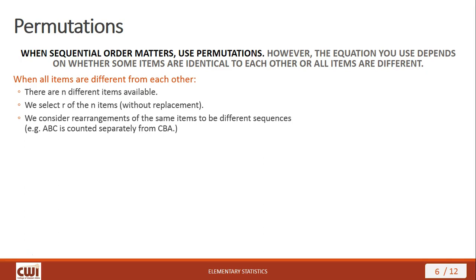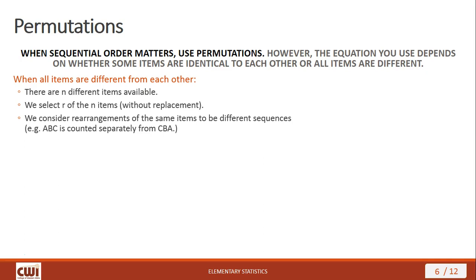So the sequence ABC is counted as a different sequence than CBA simply because the order matters. So you've got the same elements, but they're in a different order. So you're counting them as a different sequence because the order matters.